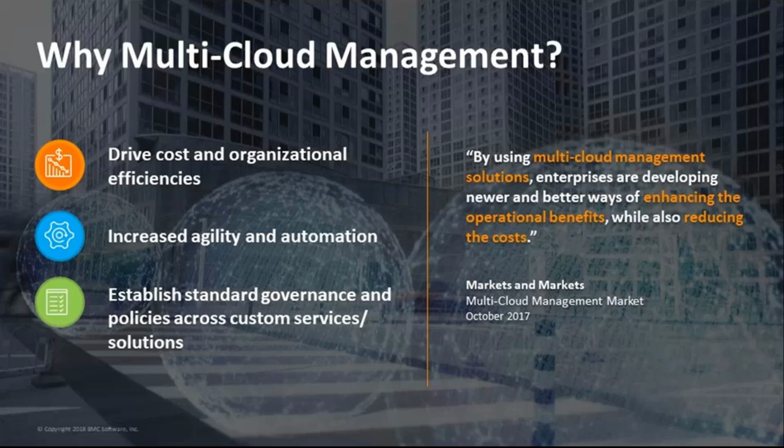I think it's a very simple question. Why multi-cloud management? The answer is that today's enterprise, when cloud has been in abundance, let's just face it. If you look at BMC, we use 50 plus different cloud services from different vendors.